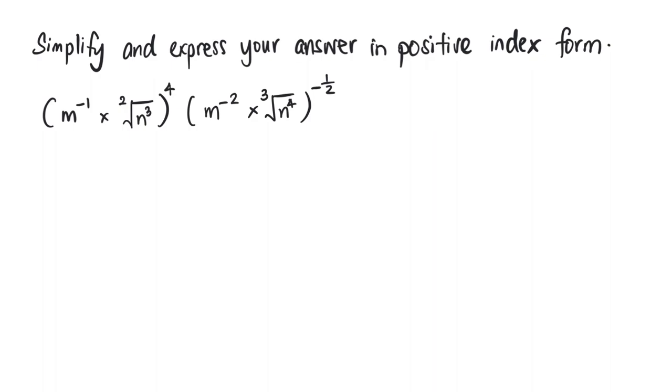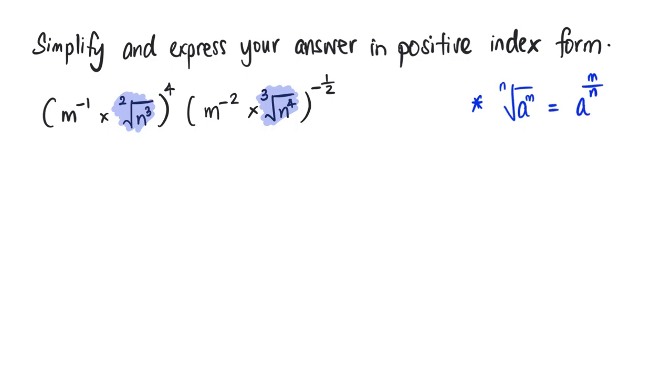Hello everyone, welcome to this problem where we were required to express the answer in positive index form, and I do see root form. So the very first thing is for us to make sure this root form is in index form. So I'm going to apply the first law of indices here.